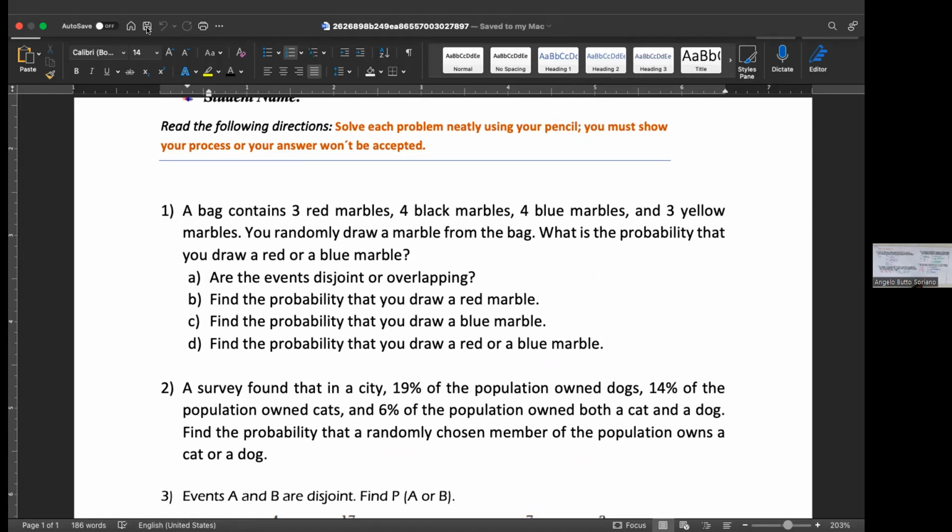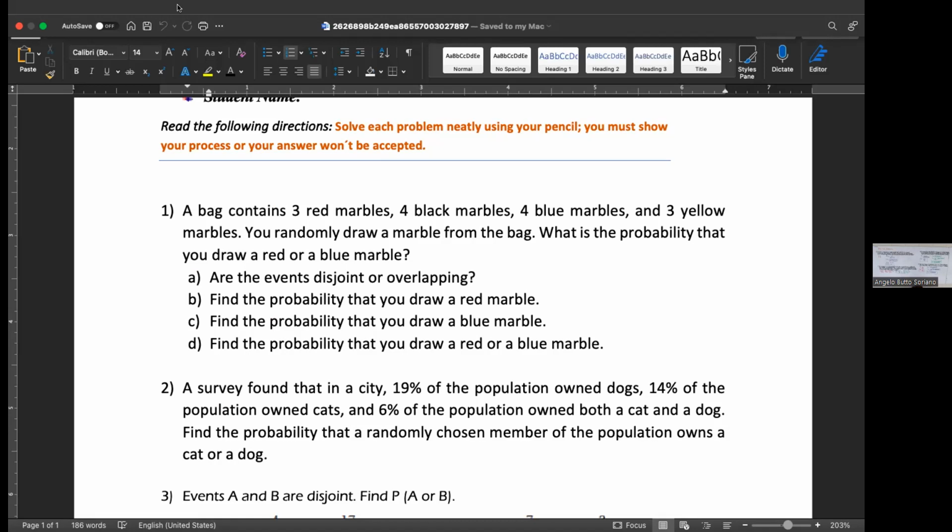Okay, let me read the problem. We are talking about problem number 1. Guys, please pay attention. Problem number 1 says we have a bag that contains 3 red marbles, 4 black marbles, and 4 blue marbles, and 3 yellow marbles. According to the situation, you randomly drop a marble from a bag.